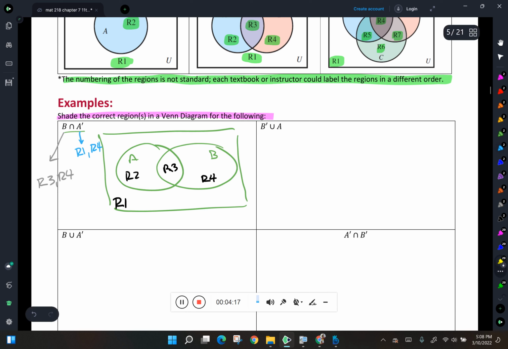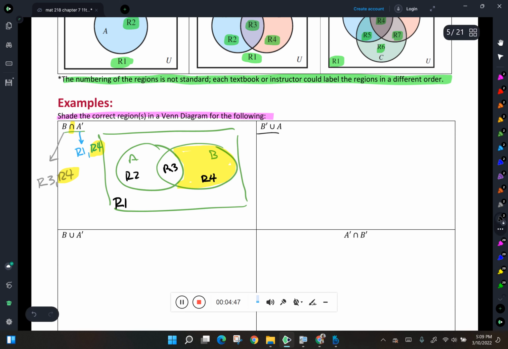And then my job is to find the intersection of those two. What do they have in common? Well, what they have in common is Region 4. So if I were to come over here and shade just Region 4, that piece right there would be B intersection A complement. Okay, all right, moving right along.